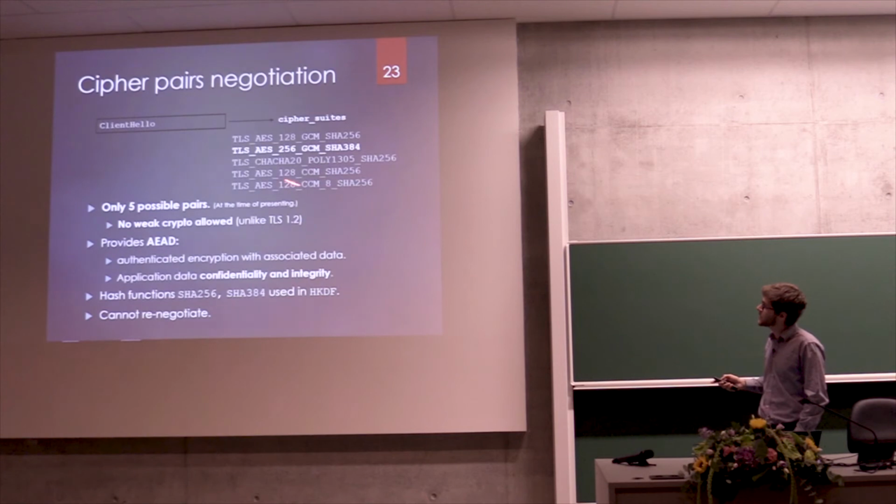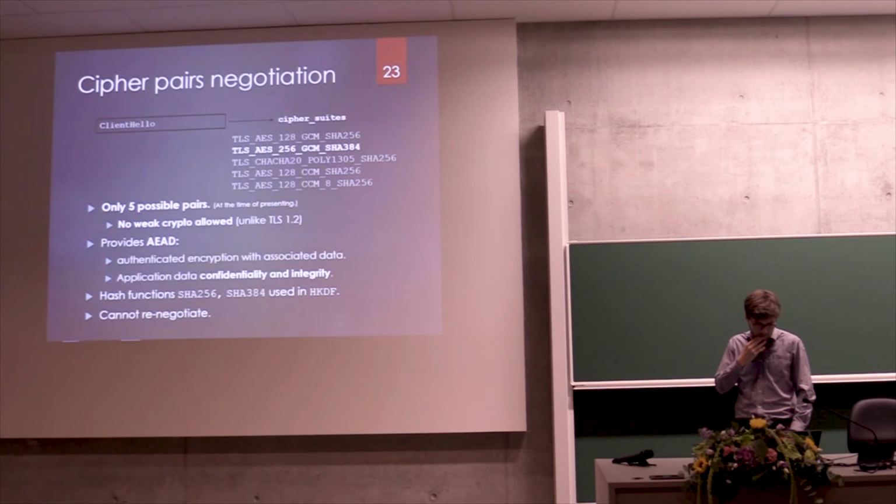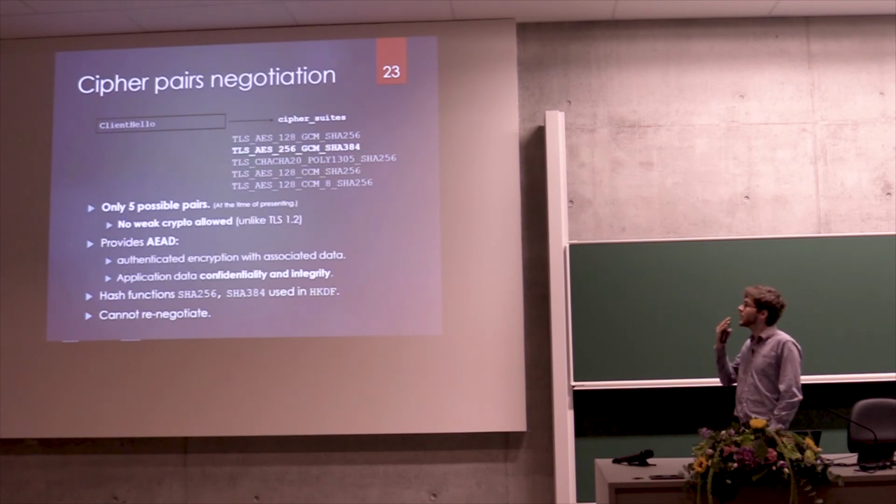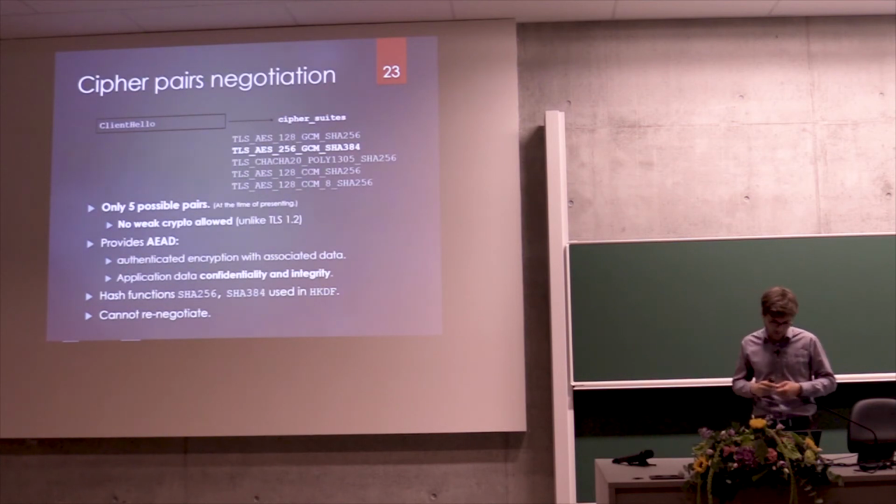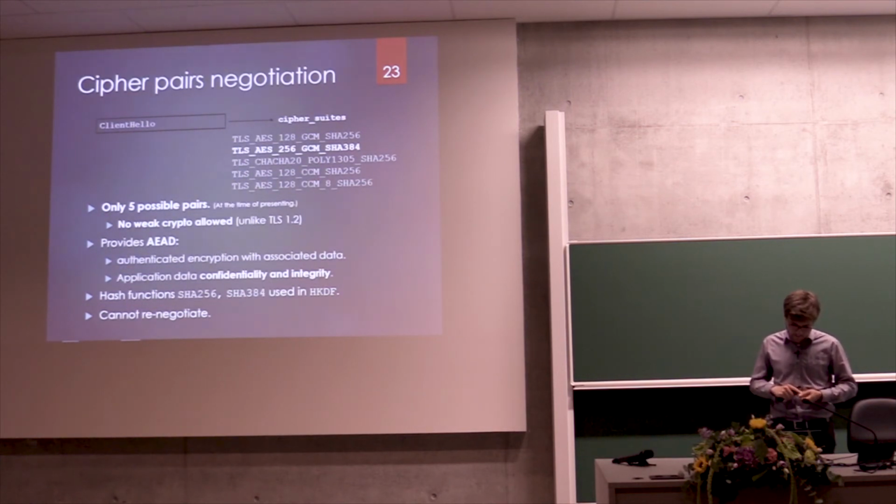And this middle one here, the ChaCha20-Poly1305, is a cipher suite whose algorithms have not been standardized by NIST, I believe. And so if you're a bit wary of US government interfering, you can always choose that one. But AES in GCM is perfectly fine as well.